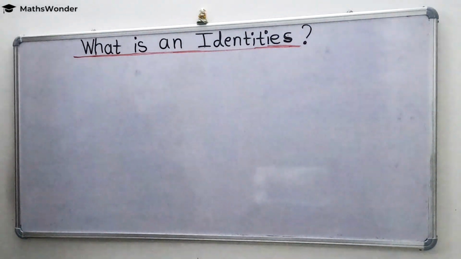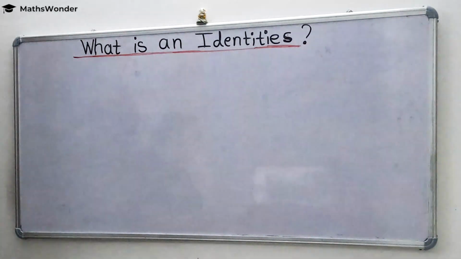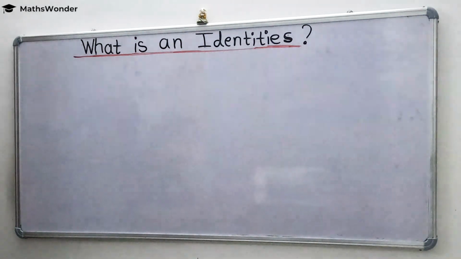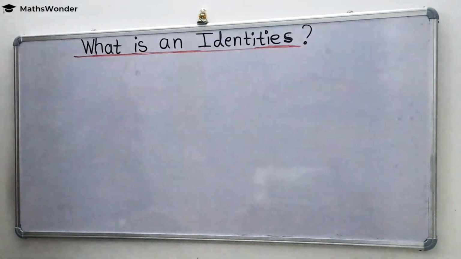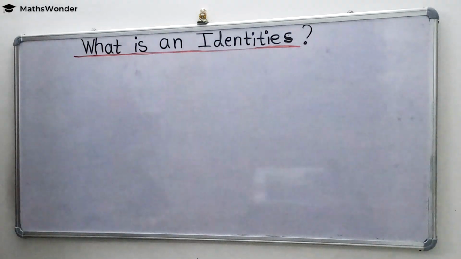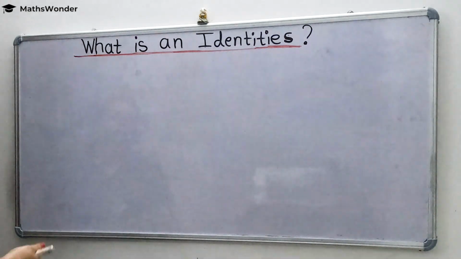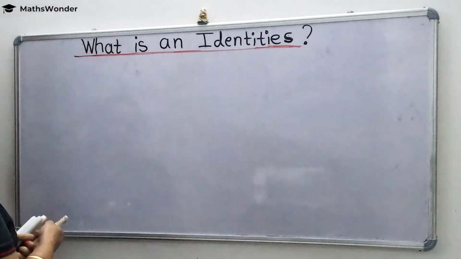Now the very important part of this is where you will use these identities, right? We shall now study three standard identities. We will learn only three standard identities. If you know three, the others you can do.